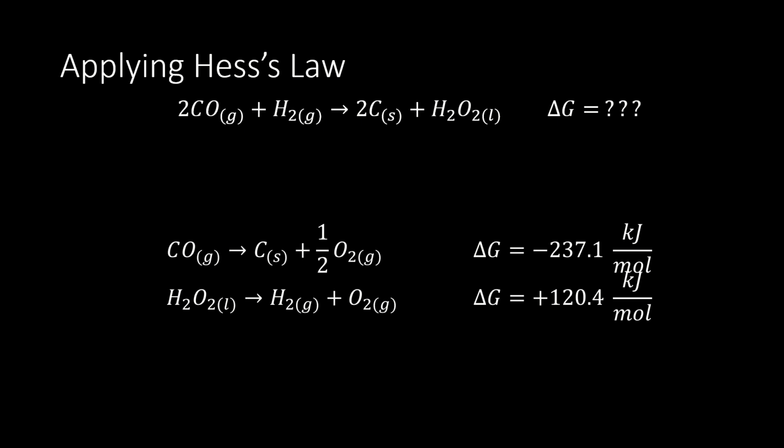So the same techniques we used for enthalpy way back, we can also use for free energy, as well as for calculating the entropy of a chemical reaction that might be very hard to calculate in one step. But if we can do it through multiple steps with a known value of delta G, then we can calculate the free energy change of some other reaction of interest.